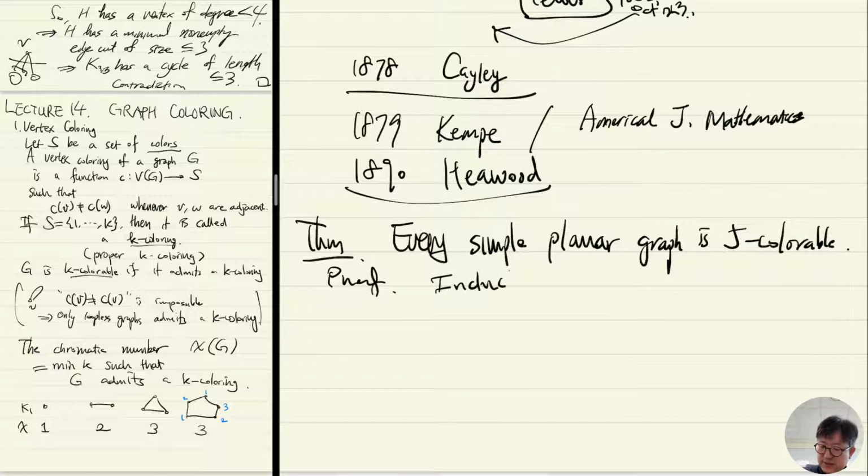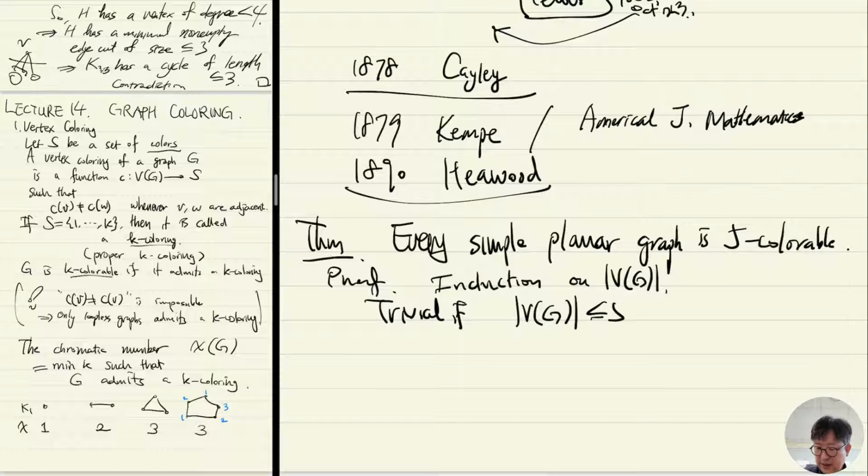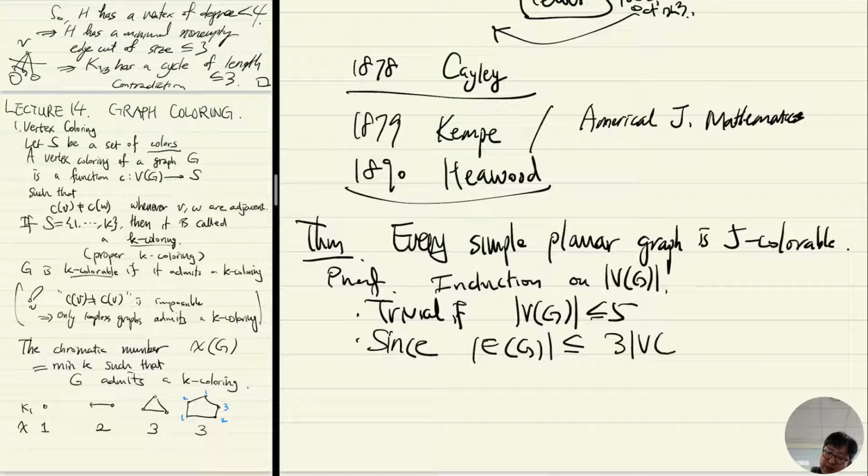It's a similar proof. It's induction on the number of vertices, and it's trivial if the graph is small. Let's say if it has at most 5 vertices, you give distinct colors to every vertex, then it's trivial. Now, by Euler's formula, we know that the number of edges of a planar graph is at most 3 times the number of vertices minus 6.